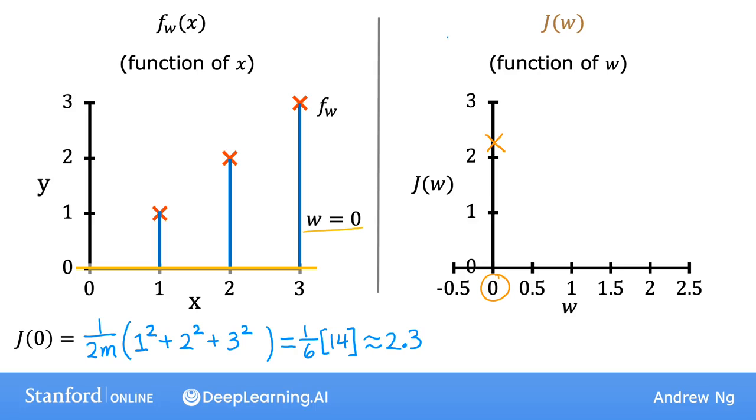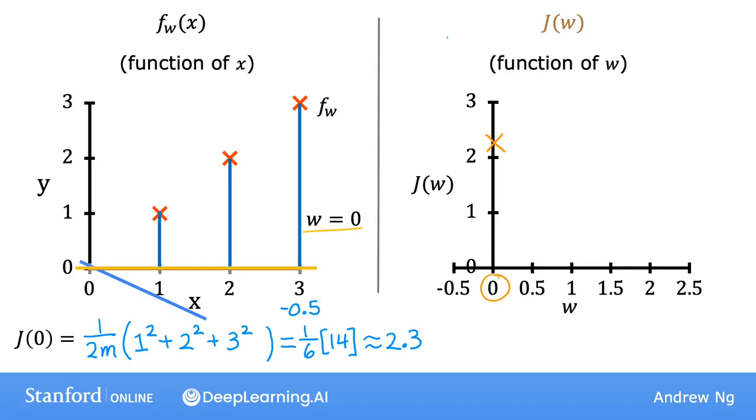And you can keep doing this for other values of w. Since w can be any number, it can also be a negative value. So if w is negative 0.5, then the line f is a downward sloping line like this.